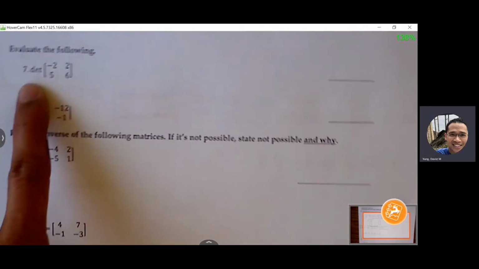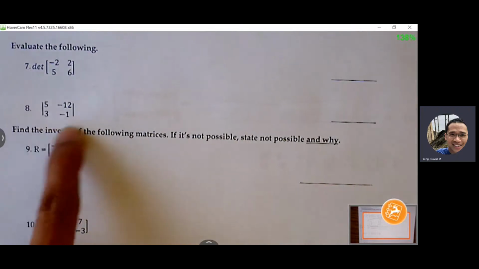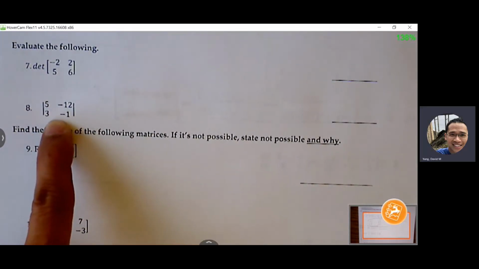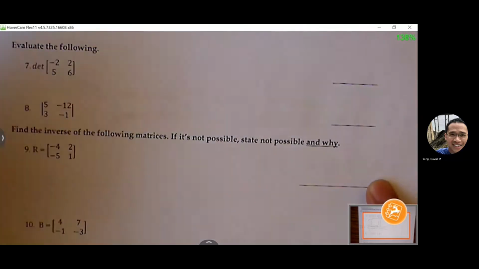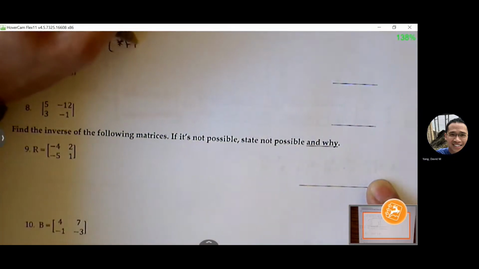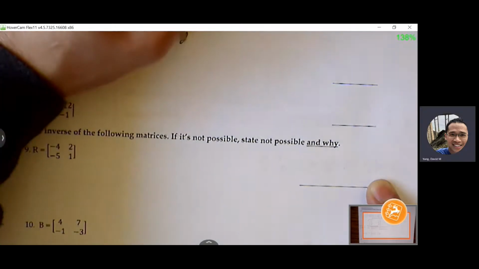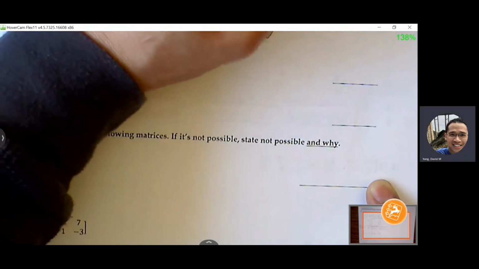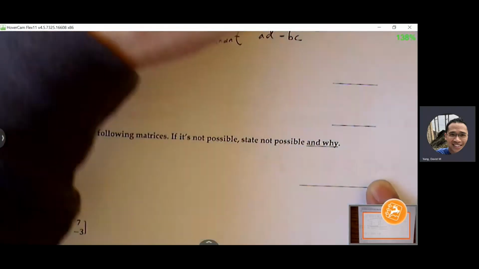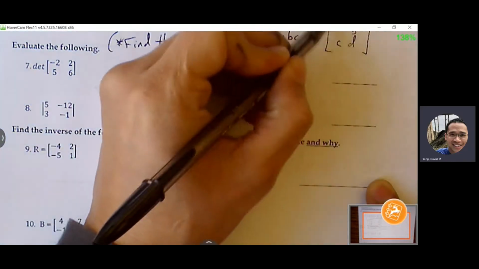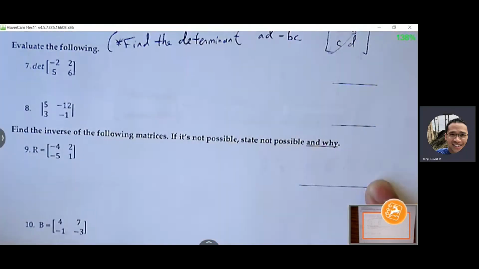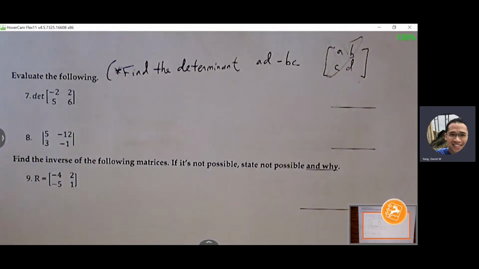So DET means find the determinant, and also if you see the vertical bars, that's also an indication for you to find the determinant. Okay. Just basically subtract the diagonals.